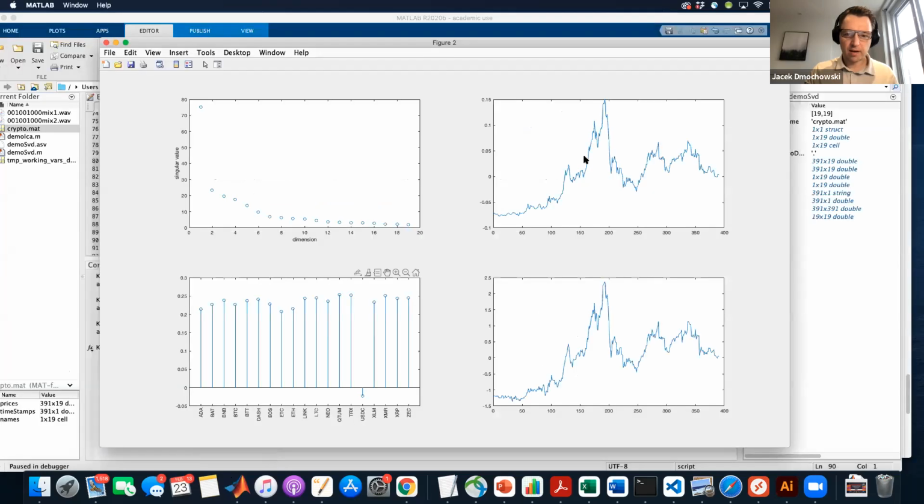So U of 1 is here and V of 1 is here. And if I multiply these two together, I'm going to get something that looks very much like my original data matrix. Why? Because it captures so much of the power in my overall data.